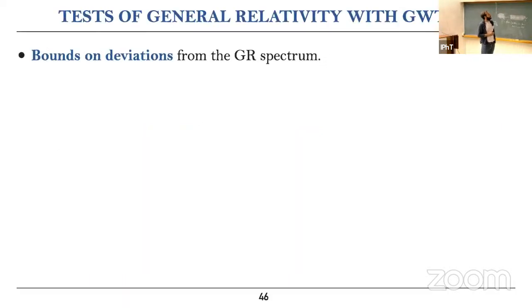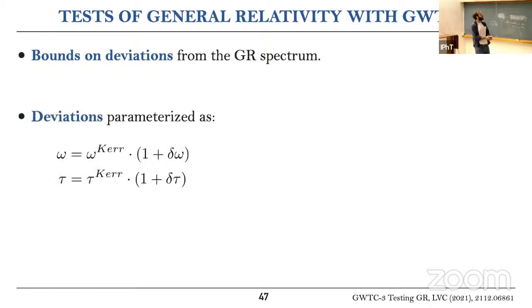so beyond the Kerr spectrum, what have we measured? What we care about is not actually the Kerr spectrum, but whether we can go beyond that, right? One thing you can do is take the predictions from a Kerr black hole and then put in some parametric deviation. This is the thing predicted by GR. I put 1 plus delta omega, delta tau, and I try to measure these delta omega and delta tau.